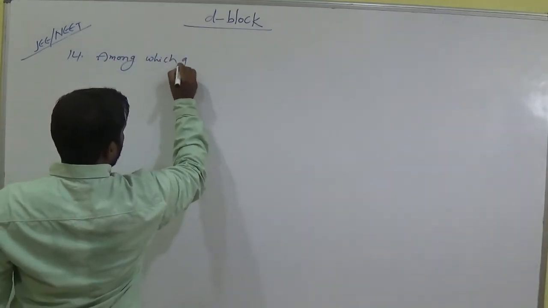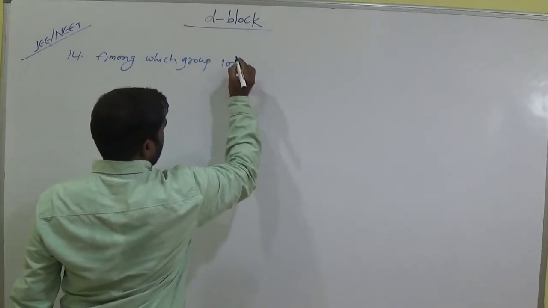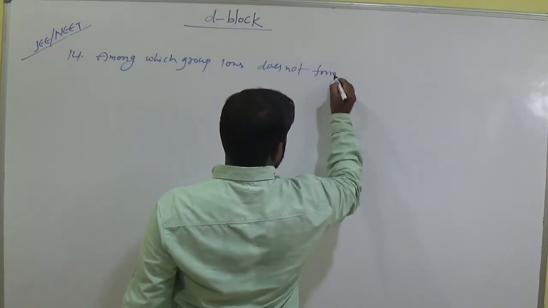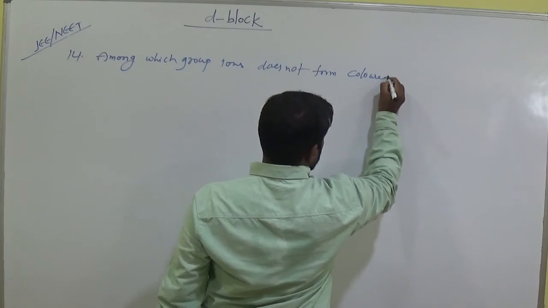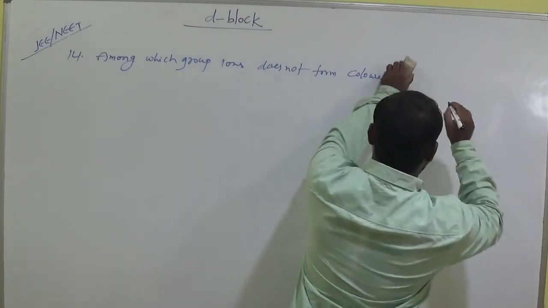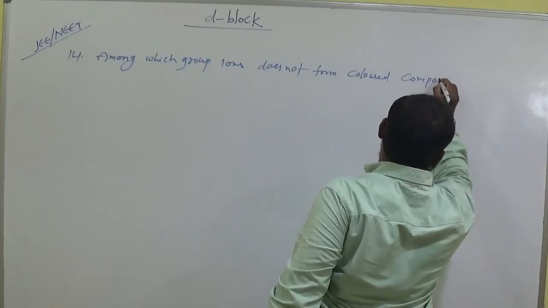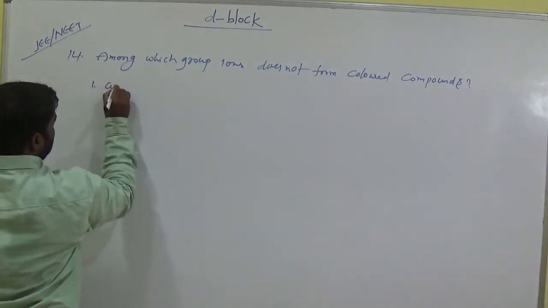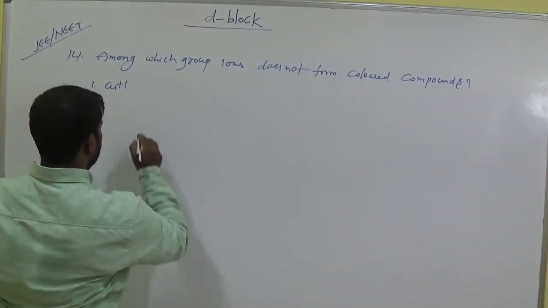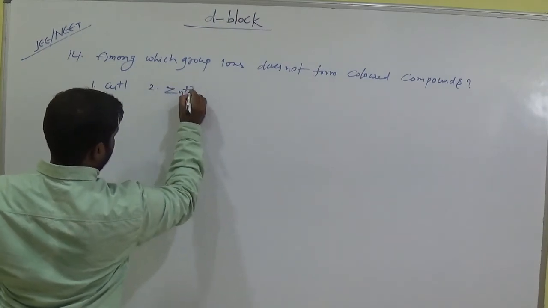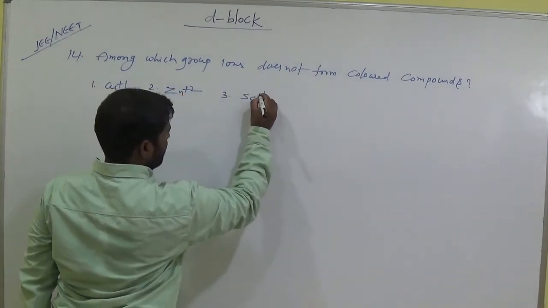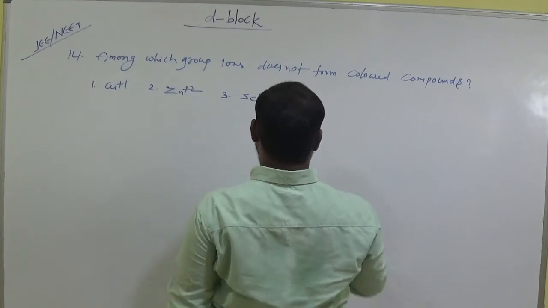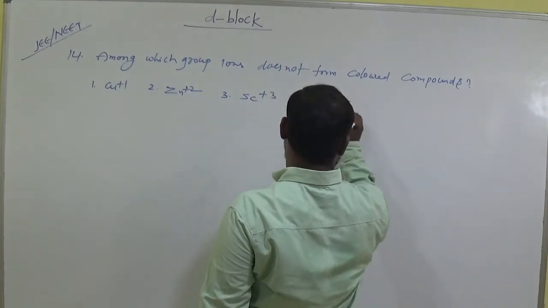Among which group do the ions not form colored compounds? Here the first is Cu plus 1, the second is Zn plus 2, the third is scandium plus 3, and the fourth is Cu plus 2 aqueous.